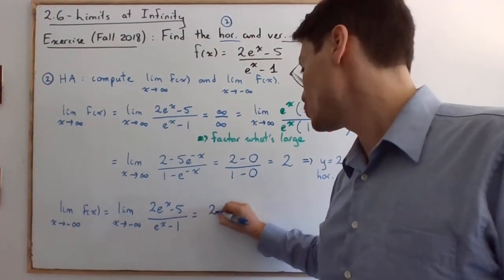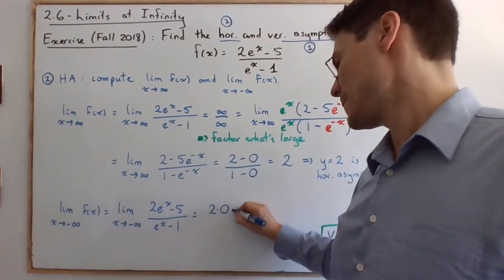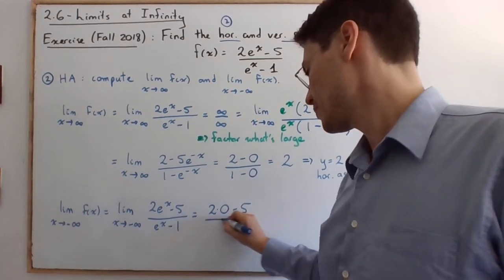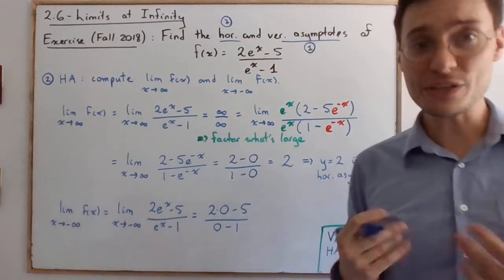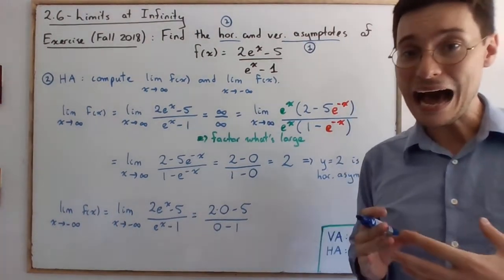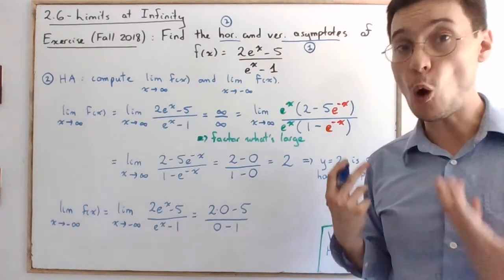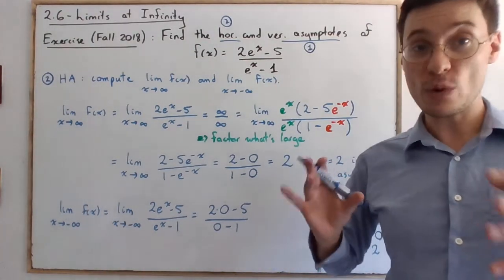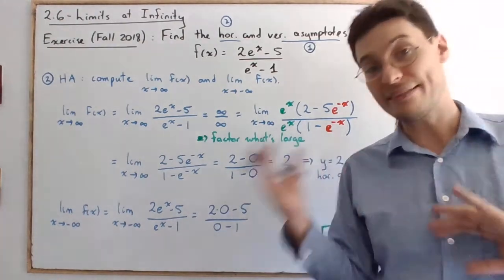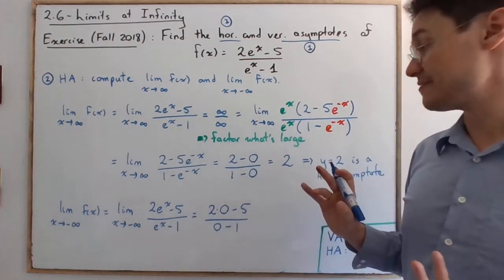What we have is 2 times 0 minus 5 over 0 minus 1. So here what you have to remember is how direct substitution operates inside exponentials for which the exponent is either going to infinity or to negative infinity.